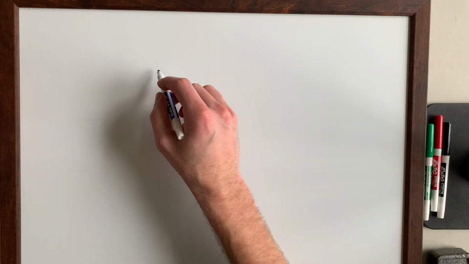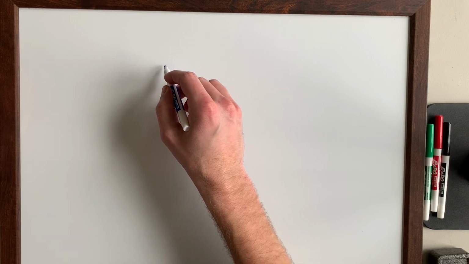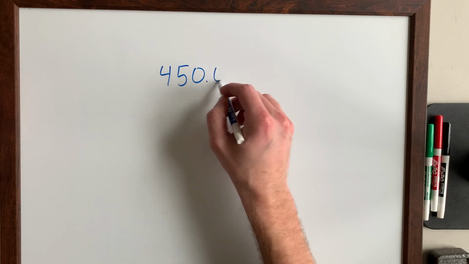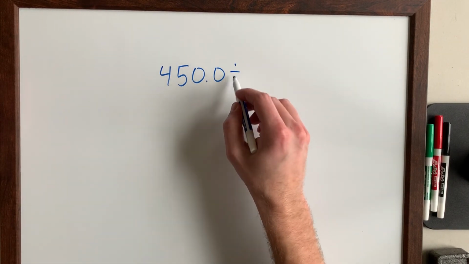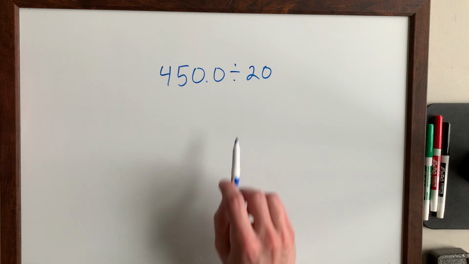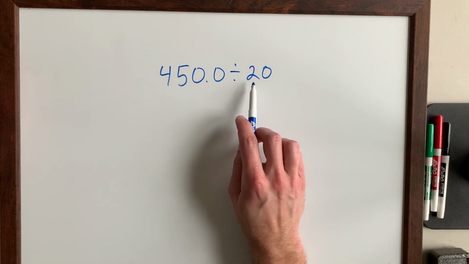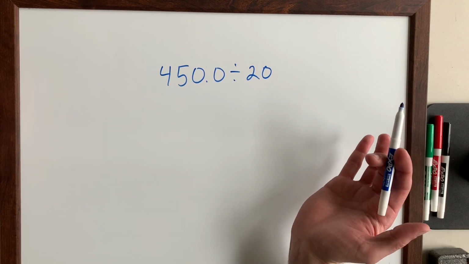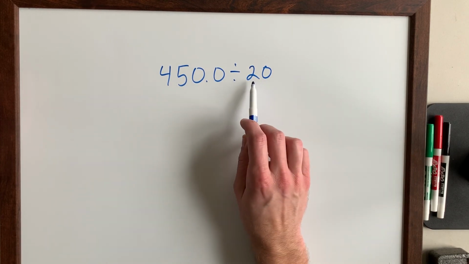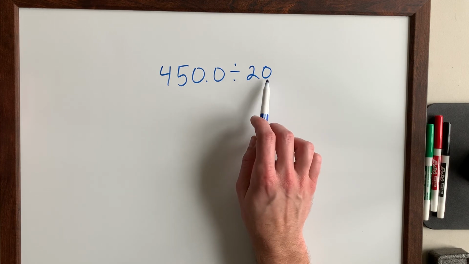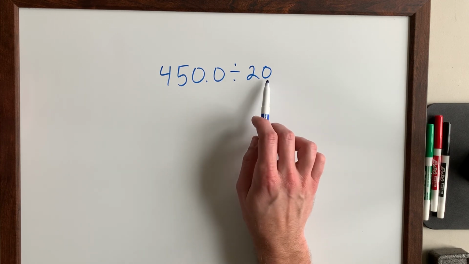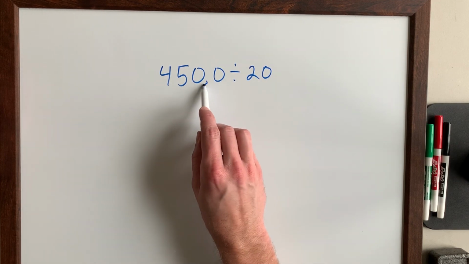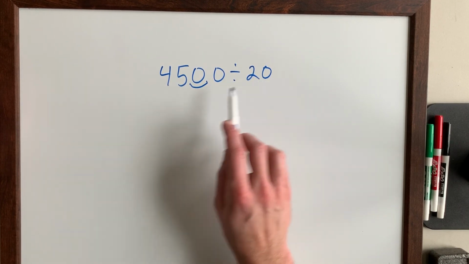One more example here. When you divide, let's do a number like 450.0, and we're going to divide by 20. In all the other examples with decimals, this leading digit was a 1, and when you divide by 1, you don't change the value of a number. Here, the first digit is a 2, so we can still use the trick with moving decimals 1 space for every 0, and since we're dividing, we're going to go to the left, and since there's a 0, we're going to go 1 space.